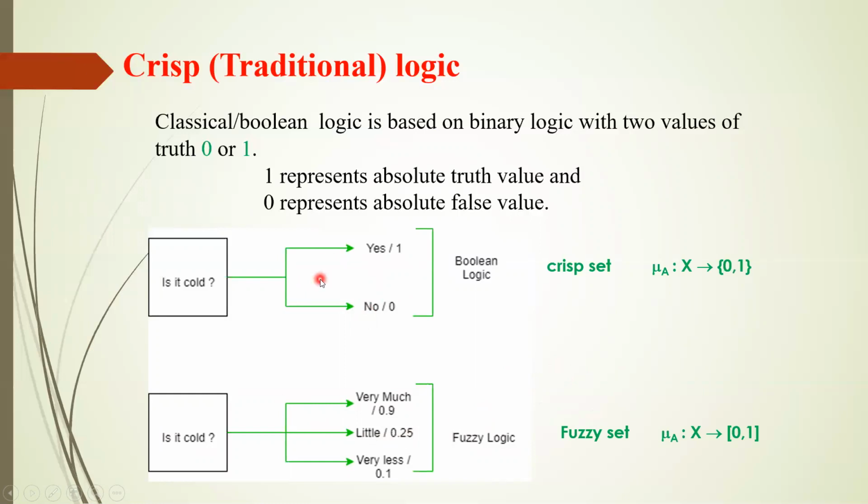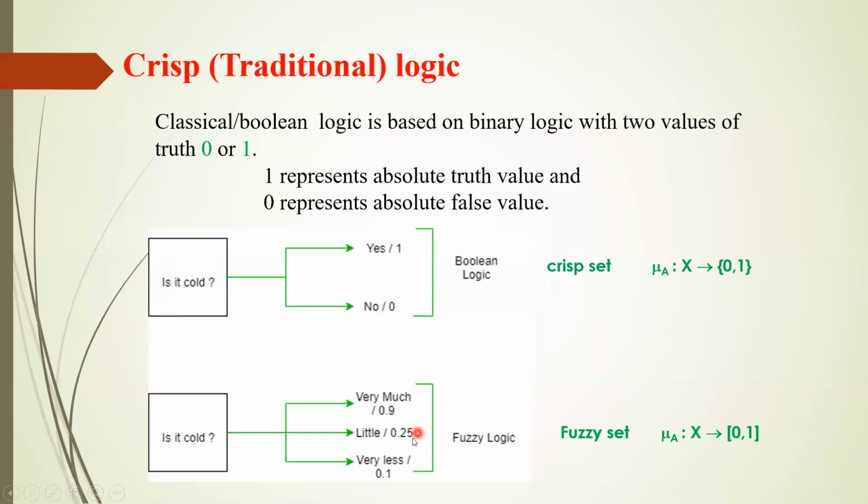See this diagram. It shows that in crisp logic, one value will be true for "Is it cold?" So it may be yes or no. So this means that the membership function will be either 0 or 1.